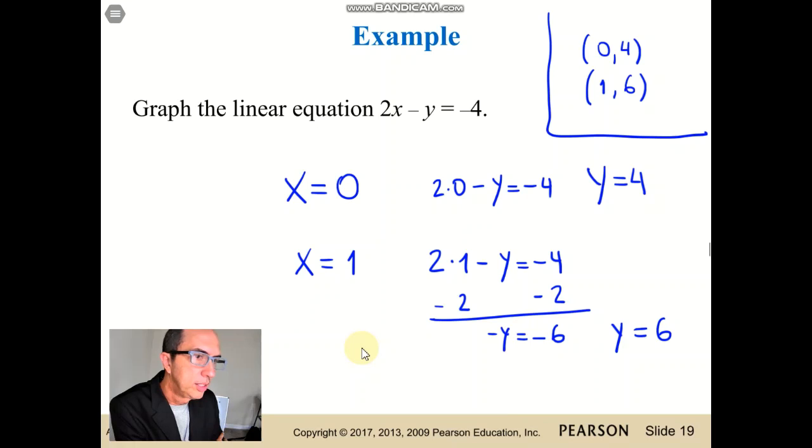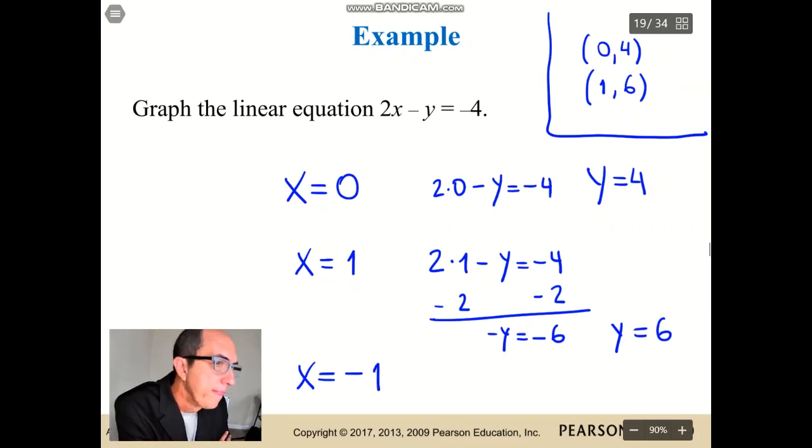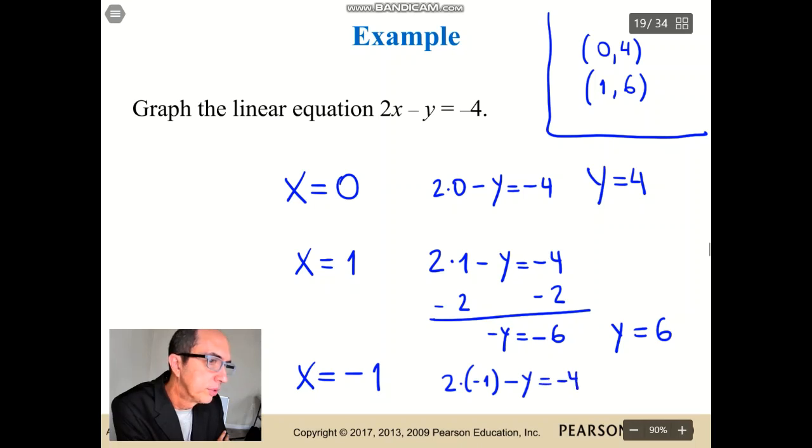And another value for x. Let's assume x equals, we can guess here 2 or -1, whatever you find more interesting. Okay, let's work with -1. Two times -1 minus y equals -4, right?